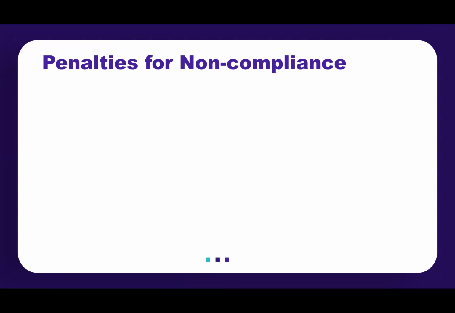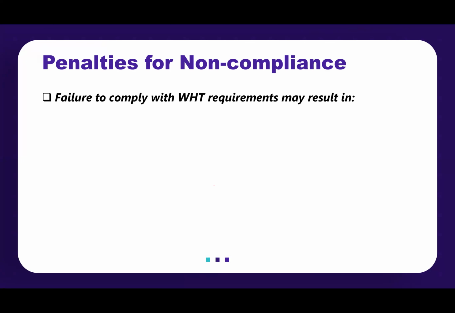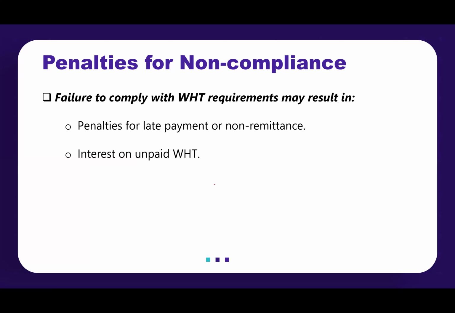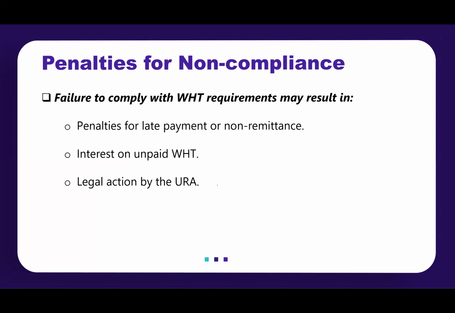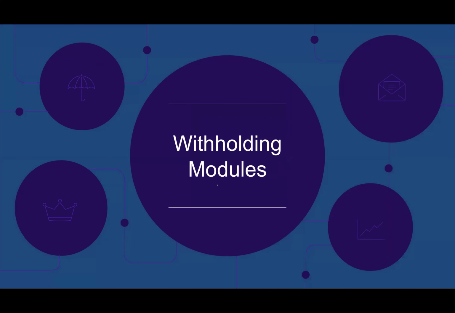If you fail to comply, then there are penalties for late payment or non-remittance, interest on unpaid withholding tax, legal action by URA, and also knocking you off the withholding tax agent list, which is not a good thing. So you must comply if you have registered.